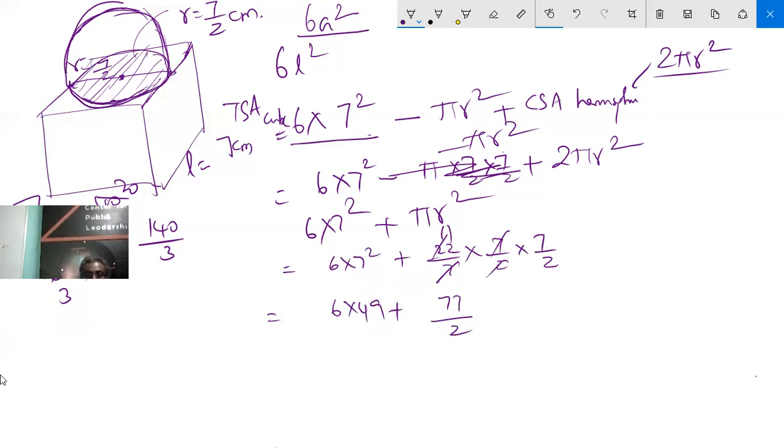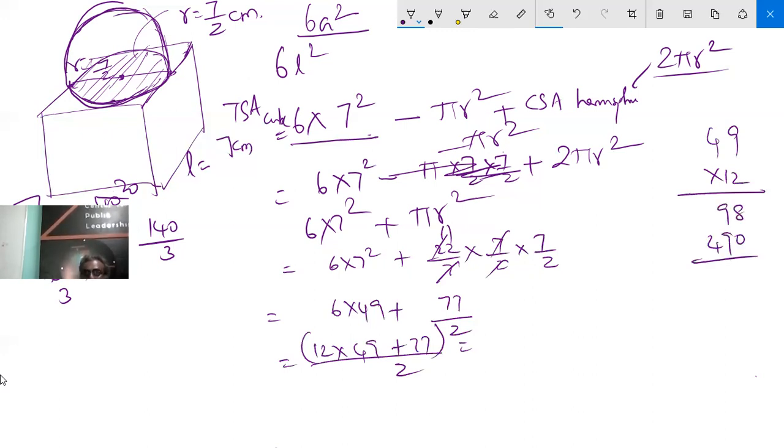So you multiply 12 into 49 plus 77 divided by 2; that's what you should get. 49 into 12 is 588, so 588 plus 77 is 665.